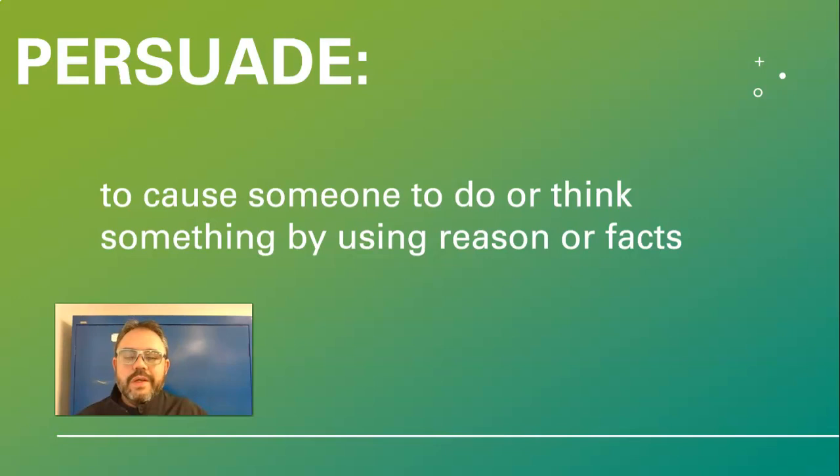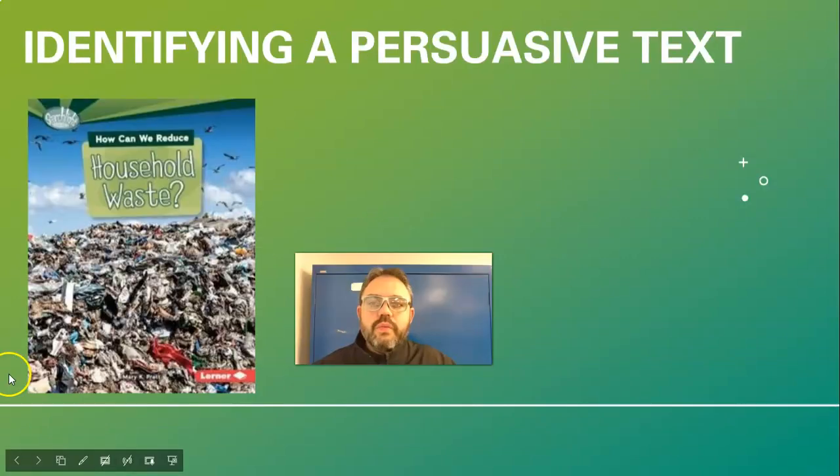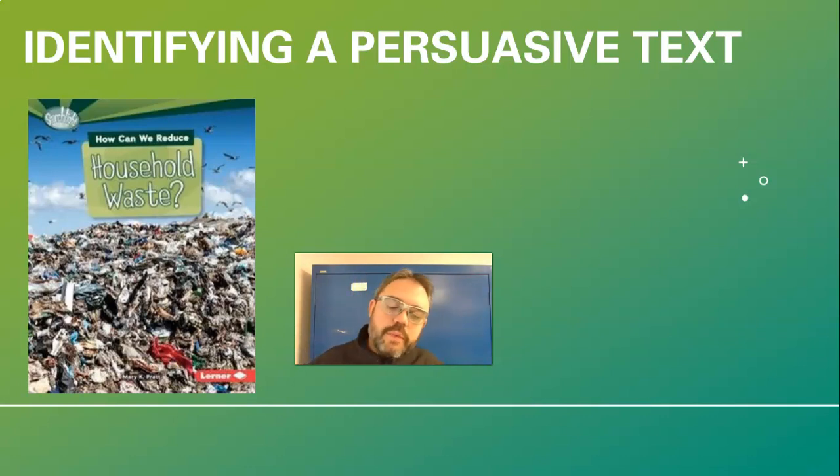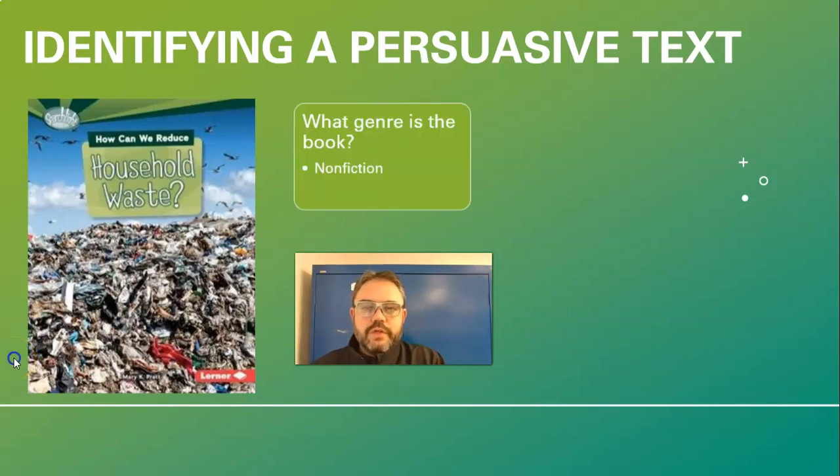Now we have that out of the way, let's dive in deeper. We want to really understand how to identify a persuasive text. Okay? Here on our computer screen is a picture of a book we've read, a picture you guys can check out from getepic.com. And we want to first ask ourselves, as we're reading the text, what genre is the book?